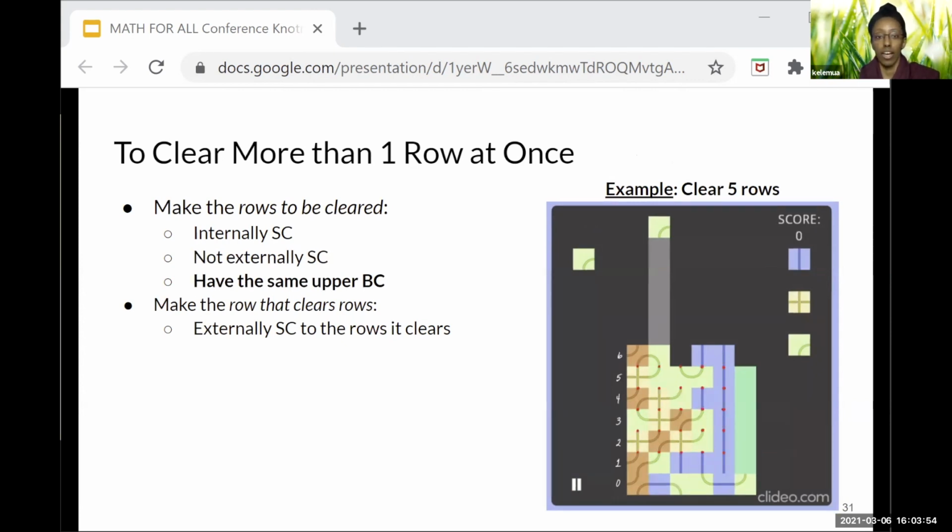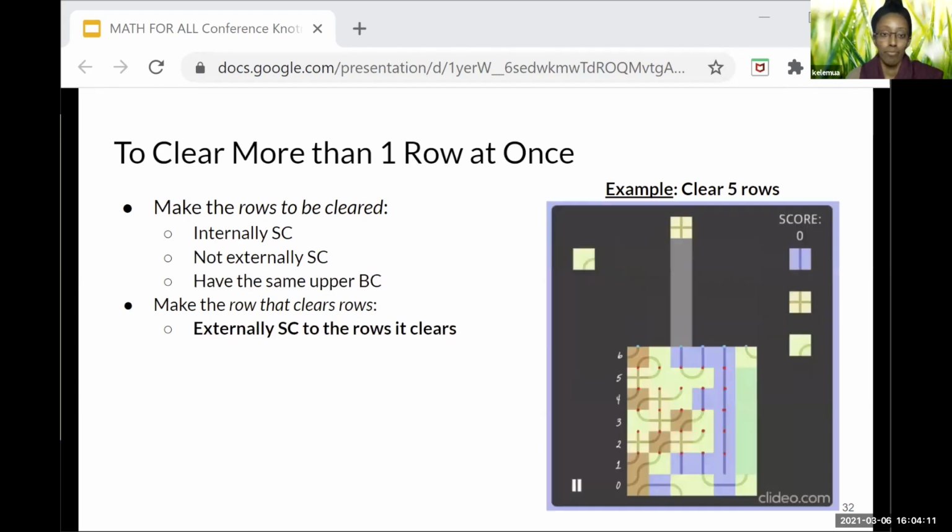And here on the right, I have an example where the boundary condition I'm using is 1, 1, 1, 1, 1, 0, and it's not a special reason, it's just easy to keep track of. And it isn't the only boundary condition that can work. But to catalyze the rows being cleared, we need to place a row that is internally and externally suitably connected, the way we do when we're typically clearing rows.